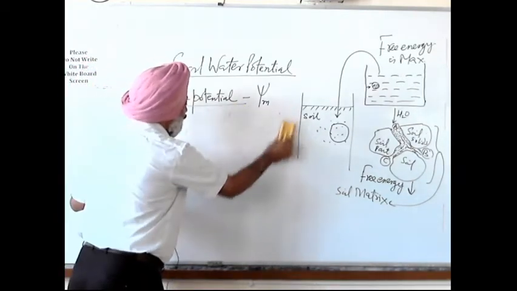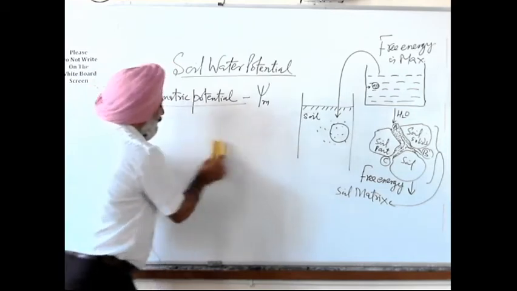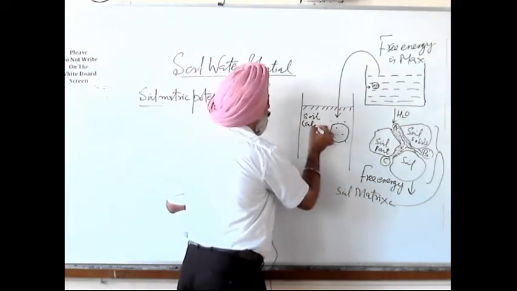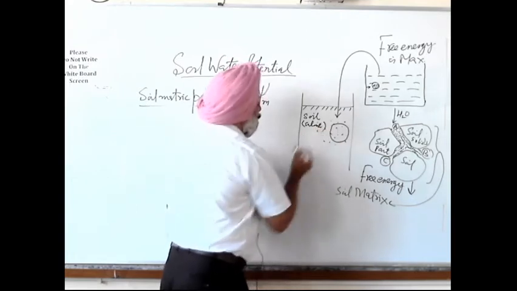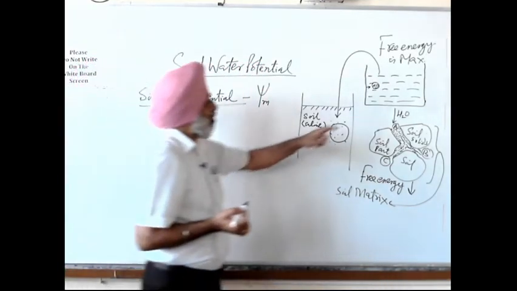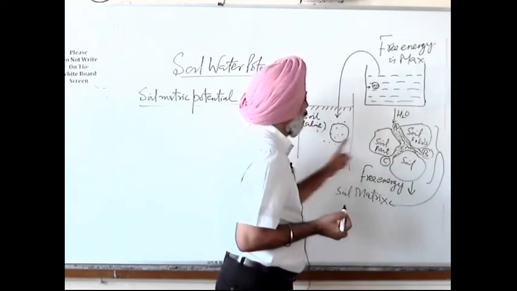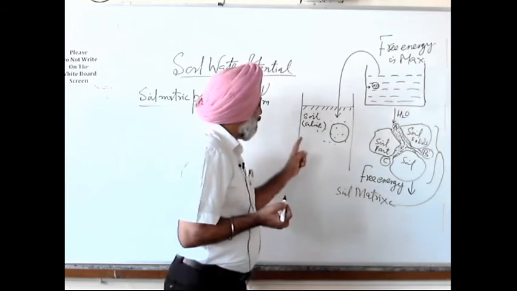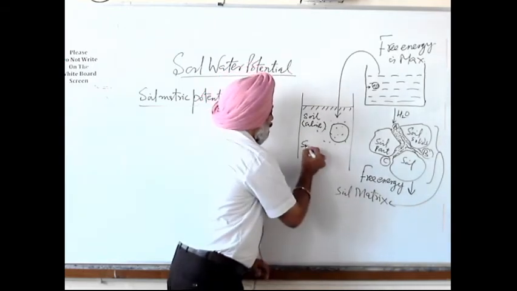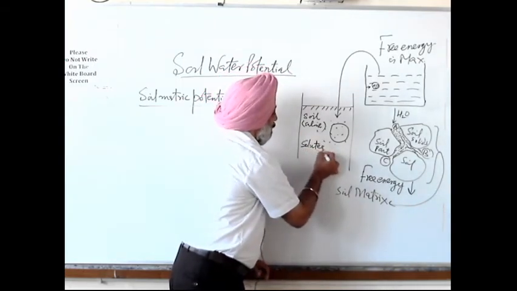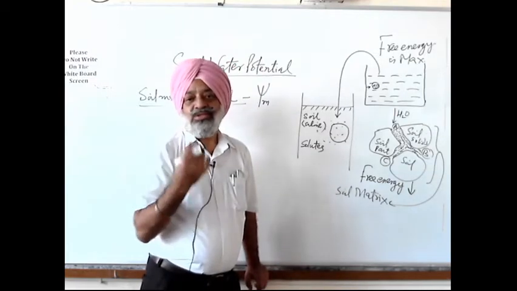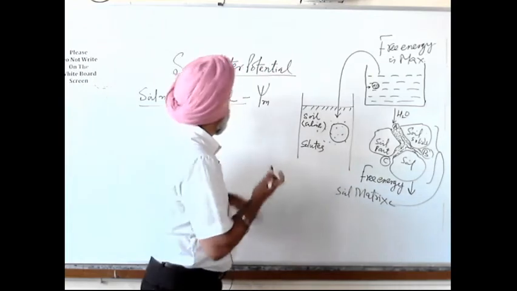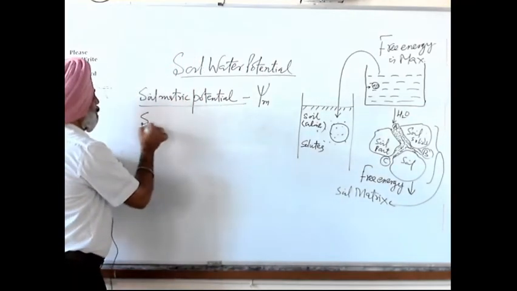Now, the second thing is, supposing that this soil is saline also, and there are some solutes present in the soil. Now when water enters the soil, not only is it attracted by the soil solids and soil pores, but it is also attracted by the solutes present in the soil. Because the salt particles attract the water molecules towards them, we call it solute potential.